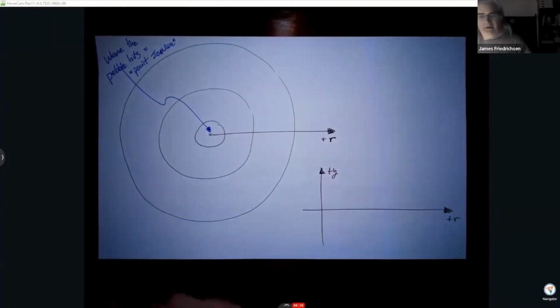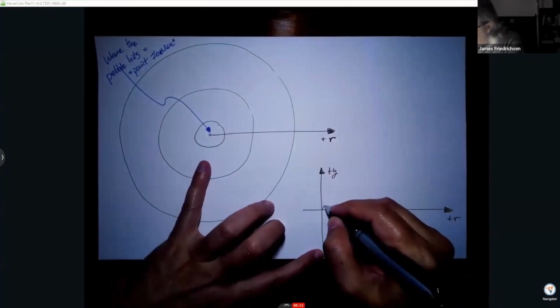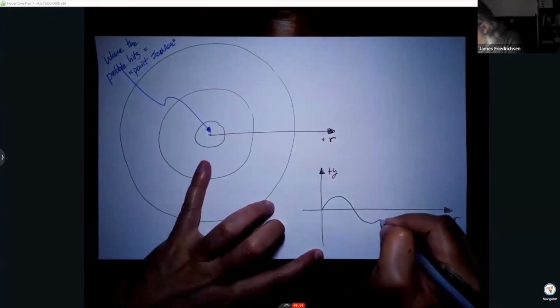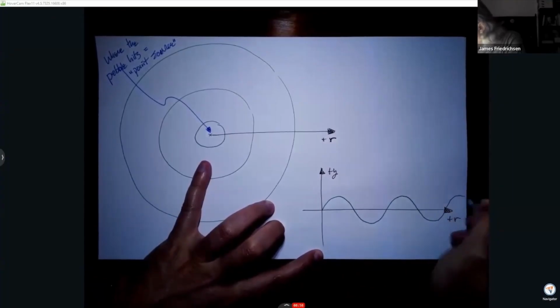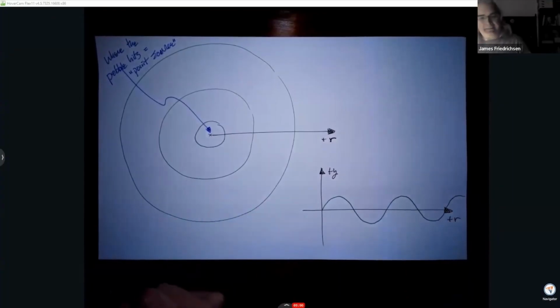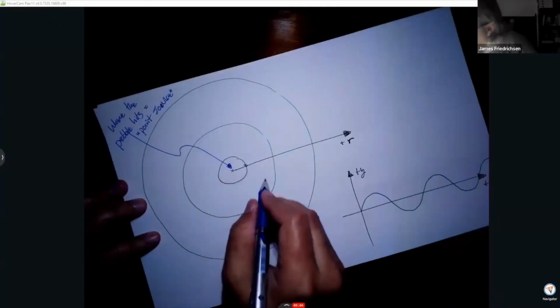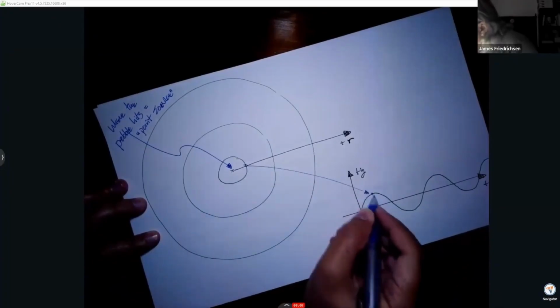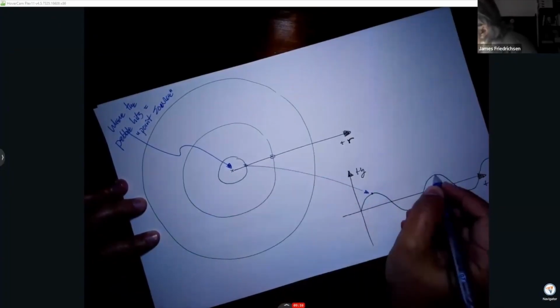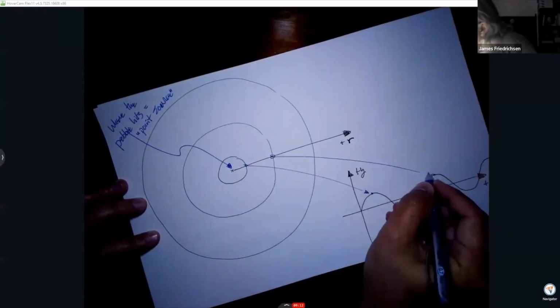And then what we're going to find is we get kind of a pattern, something like this, okay, where this particular point here is indicated by that point on the graph. This point here is indicated by that point on the graph.